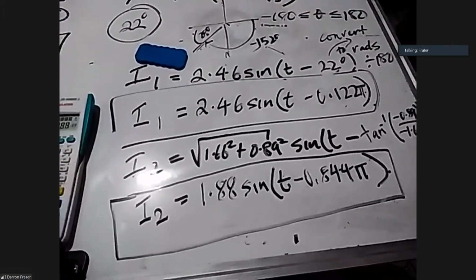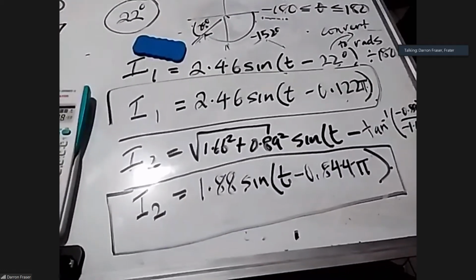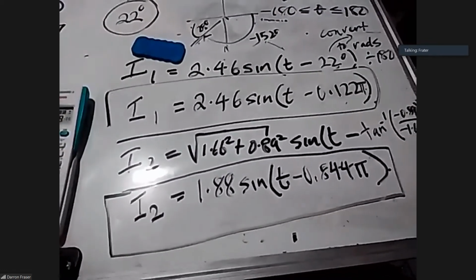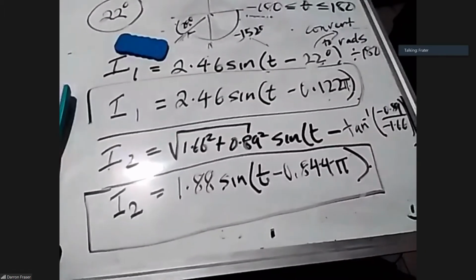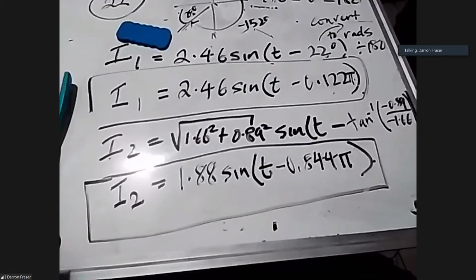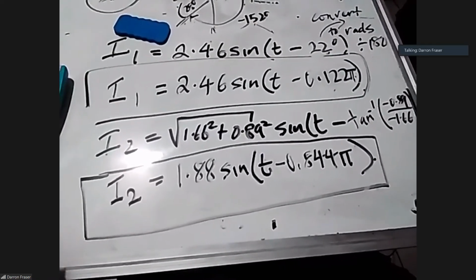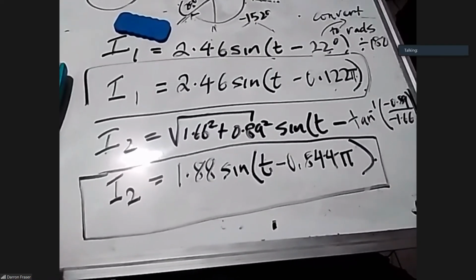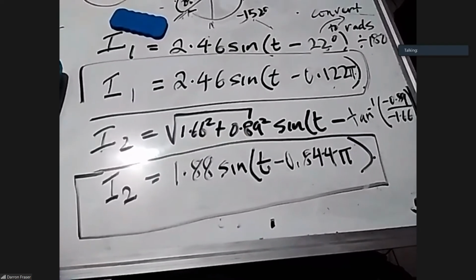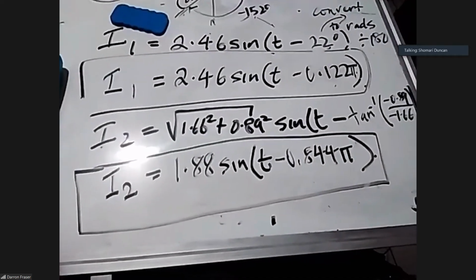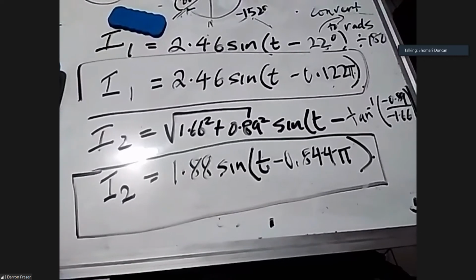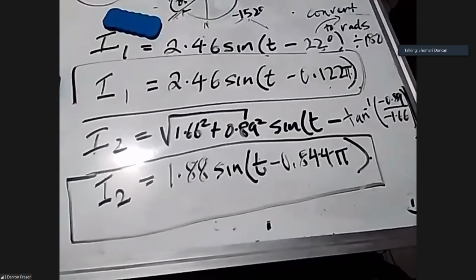So over the other side, to your right, tan inverse of what? 0.89 over negative 0.16. Sir, I'm getting 0.49 for that though.